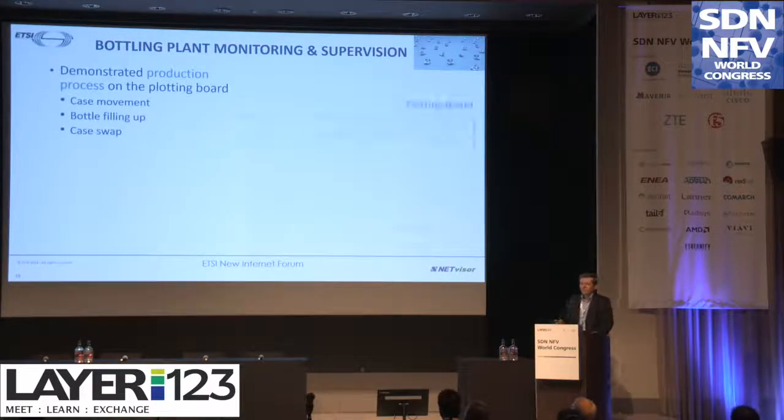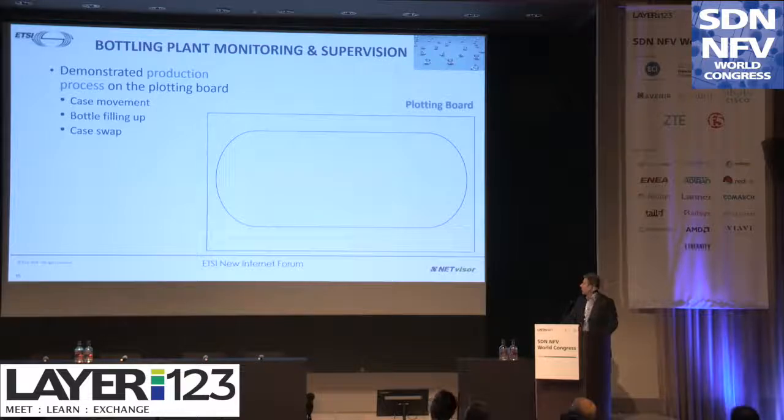Okay, this demonstrator is basically a plotting board, a plotting table, which illustrates the working of a bottling plant. The demonstrated production processes are case movement, bottle filling up, and case swap.